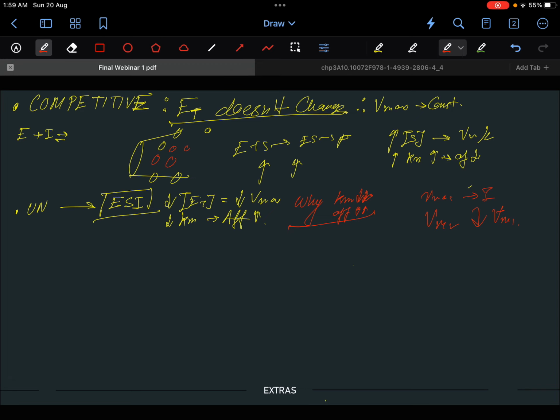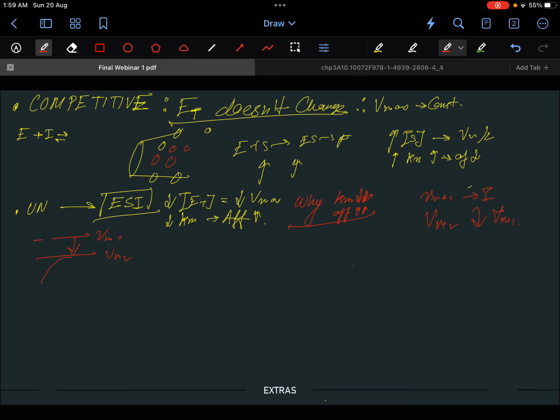Let me write down what I just said: this is the Vmax 1 and this is the Vmax 2. Since there is a decrease in Vmax 2, a lesser amount of substrate is needed to reach the Vmax 2, right? Since the upper limit is already decreasing, I need less substrate concentration to reach the Vmax.